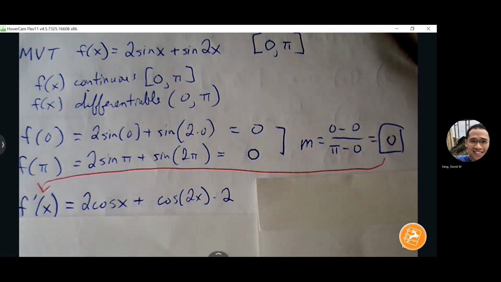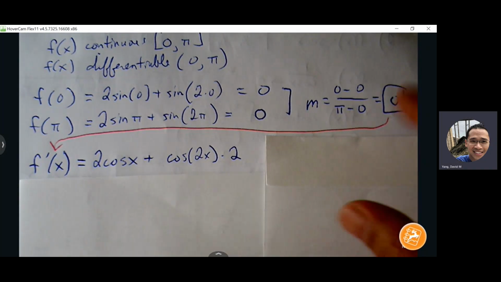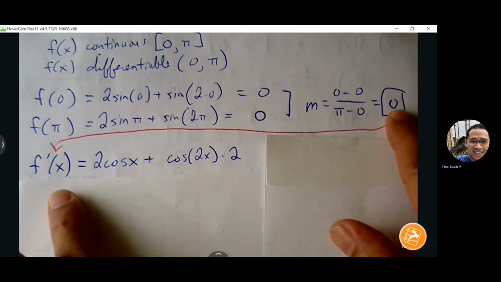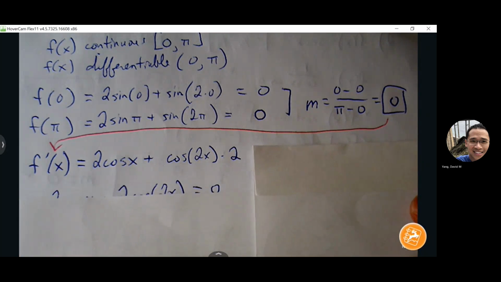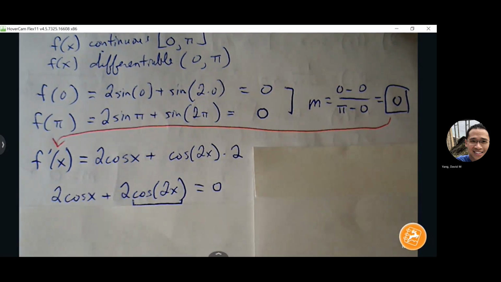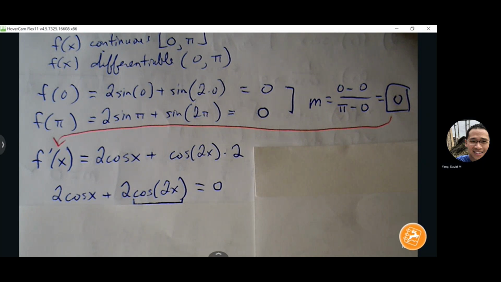So we're going to set our derivative equal to the slope between the endpoints. Do some cleanup here. So I get 2 cosine x plus 2 cosine 2x equals 0.